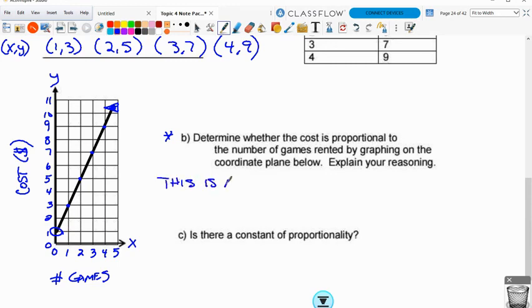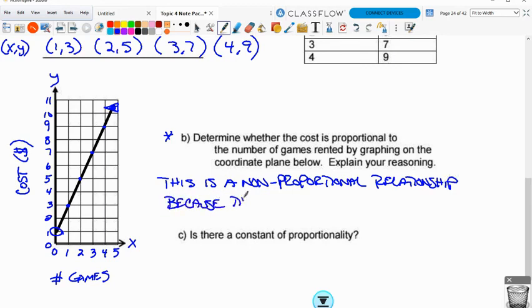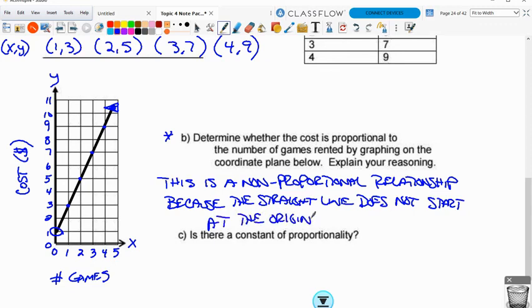This is a non-proportional relationship because the straight line does not start at the origin. Okay, since it's not a straight line starting at the origin, this is a non-proportional relationship.